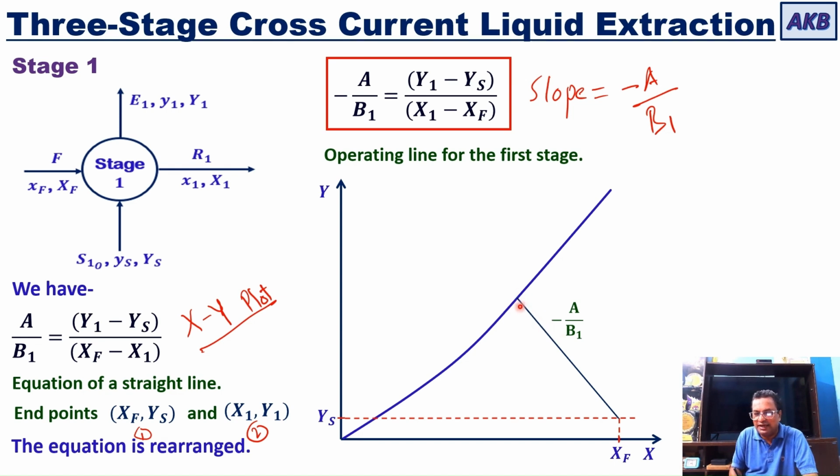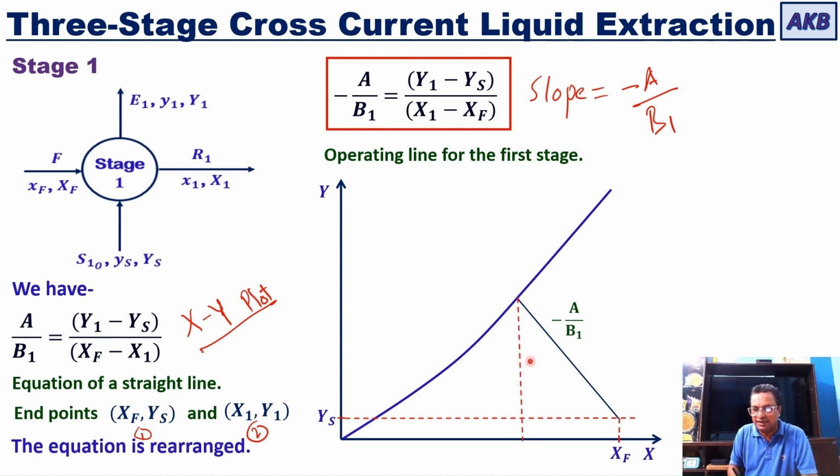Because at the end of operation in stage number 1, the two phases are going to be in equilibrium with each other. Under ideal conditions, they will be in equilibrium with each other. And that's why the other end point of the operating line will lie on the equilibrium curve.